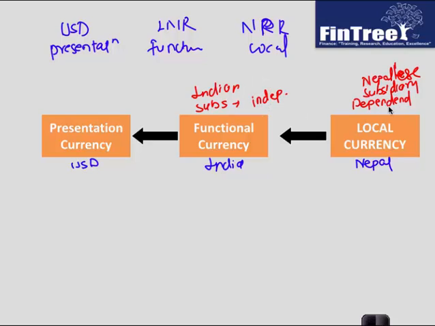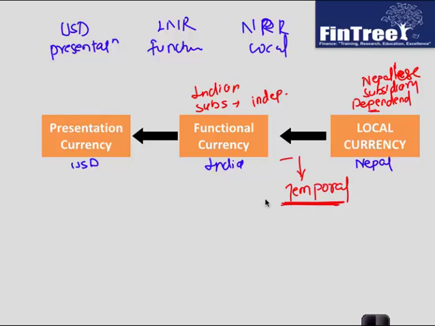So when you are converting financial statements of a dependent subsidiary to an independent subsidiary, okay, let's get on with the business. So if it's a Nepalese subsidiary being converted to India, since this is kind of a temporary conversion, we would use the method here which would be called the temporal method.